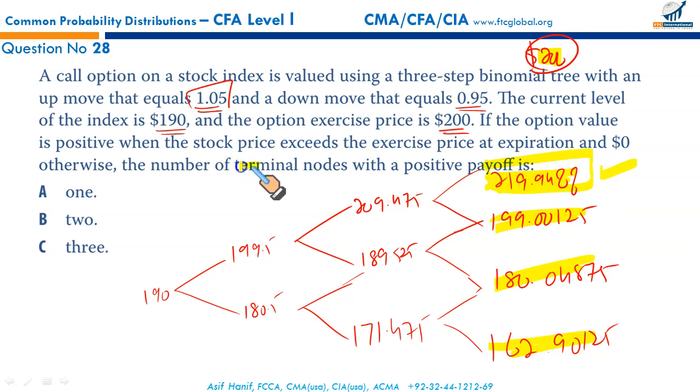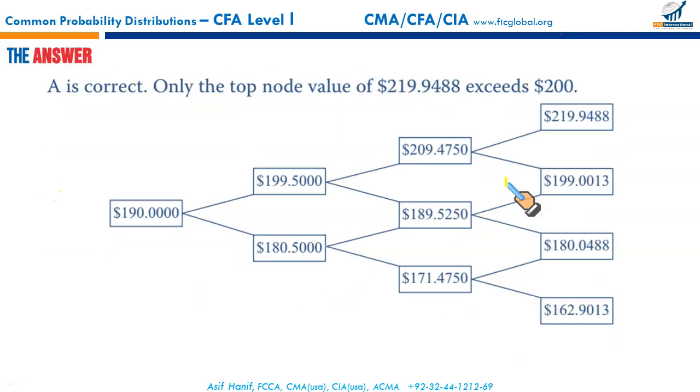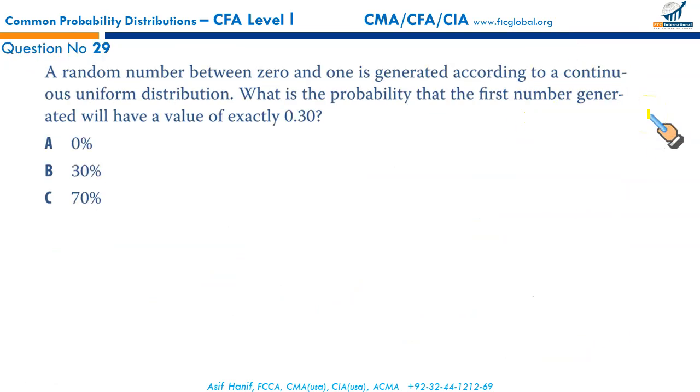So the number of terminal nodes with a positive payoff is only one, 219.9488, and that makes A the correct option. Look at these, all are less than 200, only this one is where your call option is in the money. It gets you benefit.